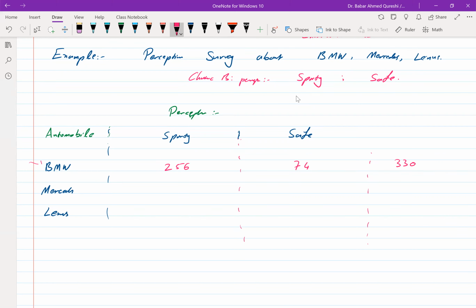When we say sporty, which brand comes into your mind? 256 said BMW. On the other hand, 41 said Mercedes and 66 said Lexus.